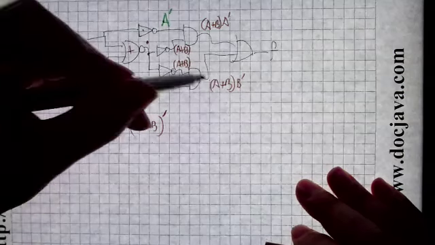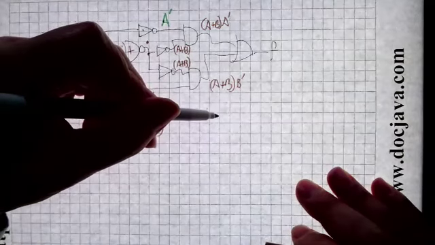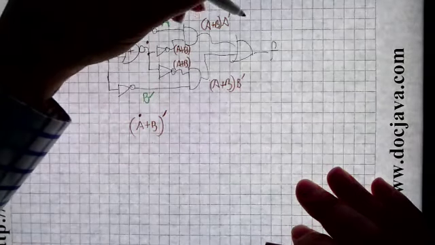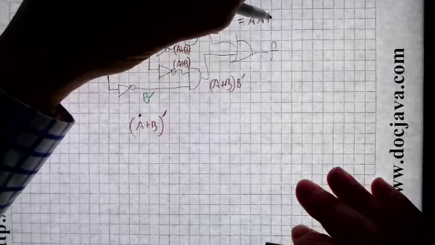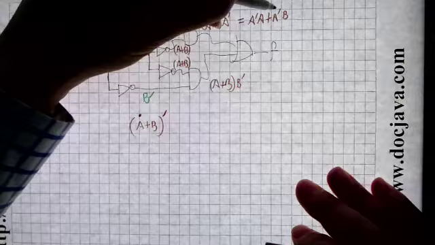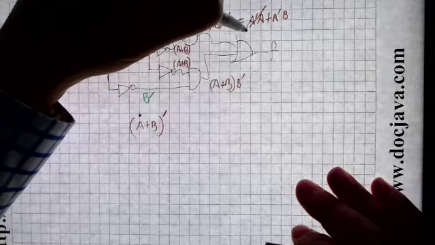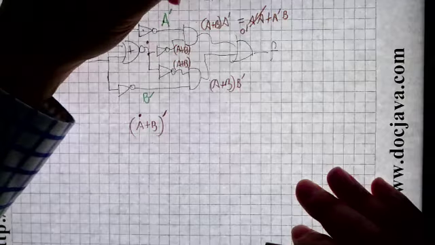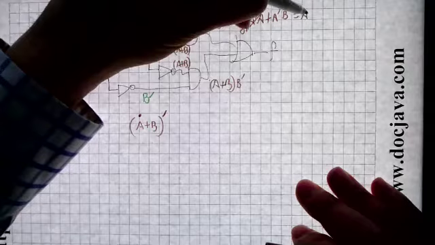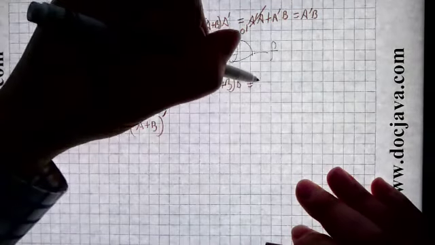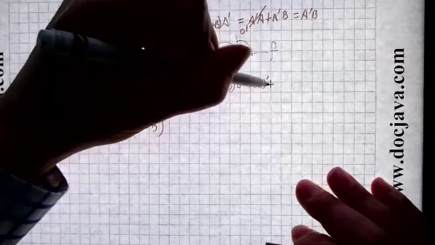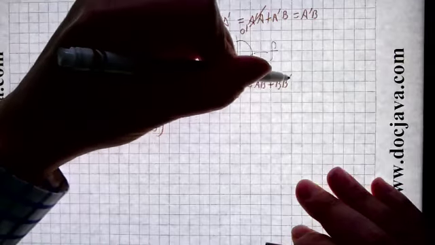So let's do a little experiment. If I cross multiply, I have A prime A or A prime B. But A prime A, that goes to 0. So now that must be equal to A prime B. And this must be equal to A B prime or B B prime.